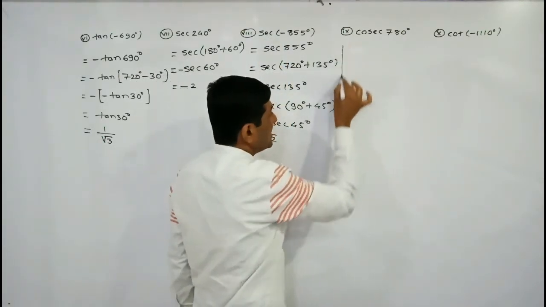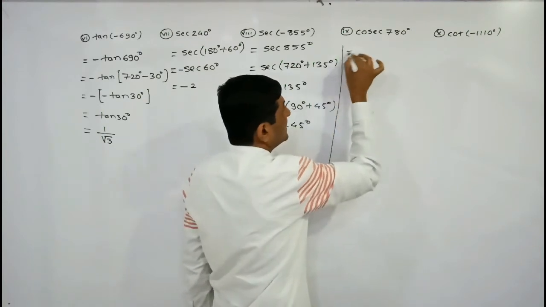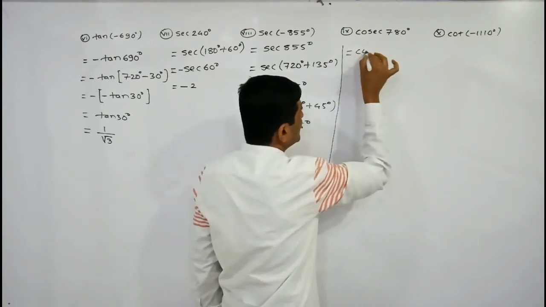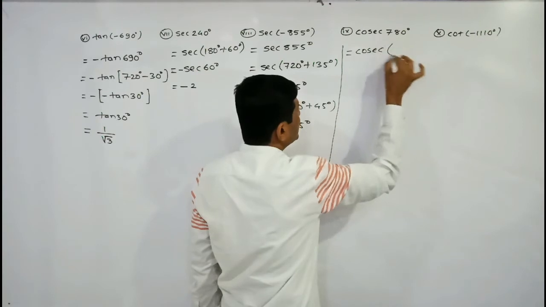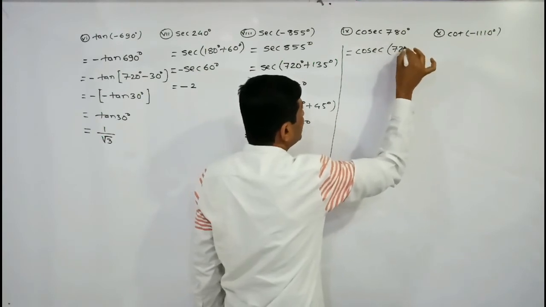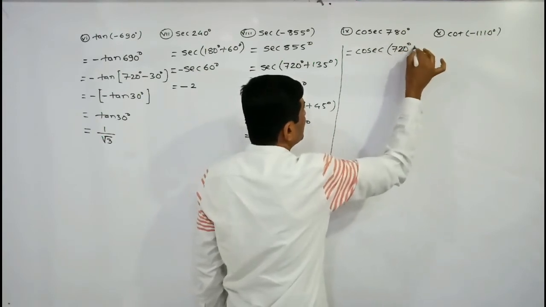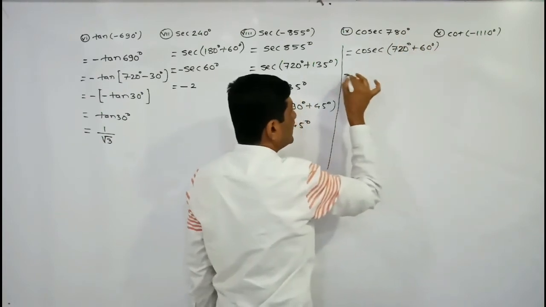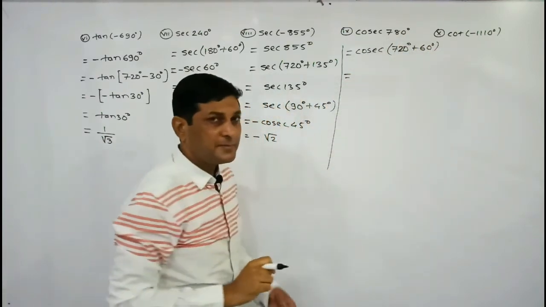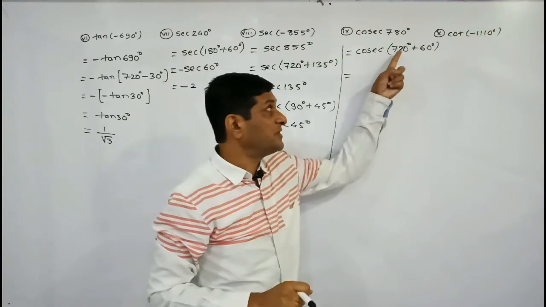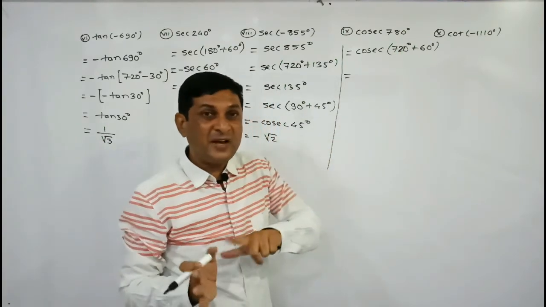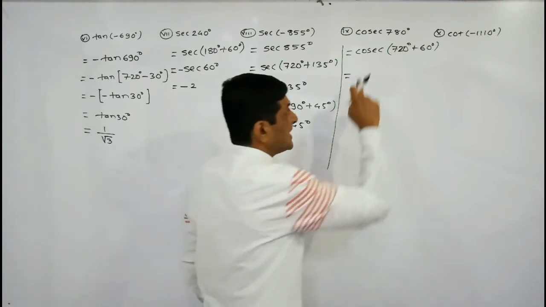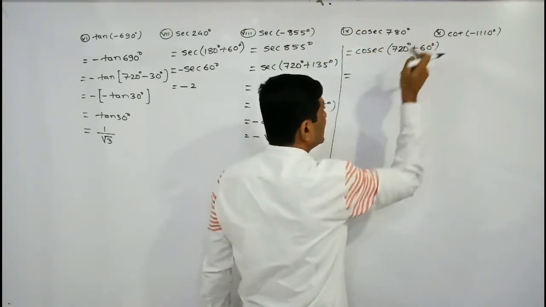So now let us try to find out value of cosec 780 degrees. So cosec, keep it as it is. We can observe that this value is greater than 720, and 720 means what? 4 pi. So 720 plus 60, it can be written as 720 plus 60. Now here we can observe that if first term is 4 pi, at that time value of trigonometric function remains as it is, means its value is cosec theta.